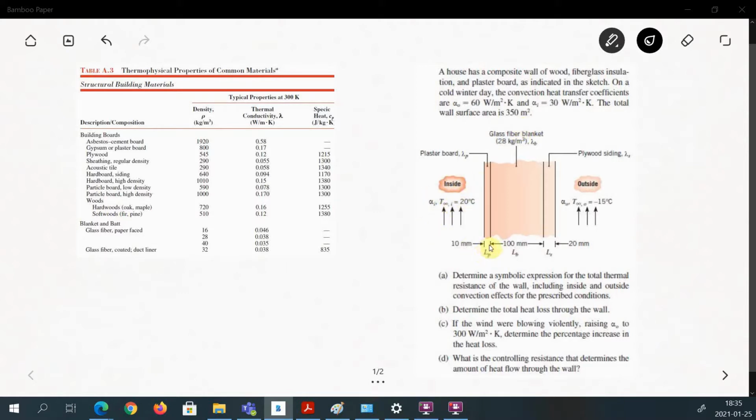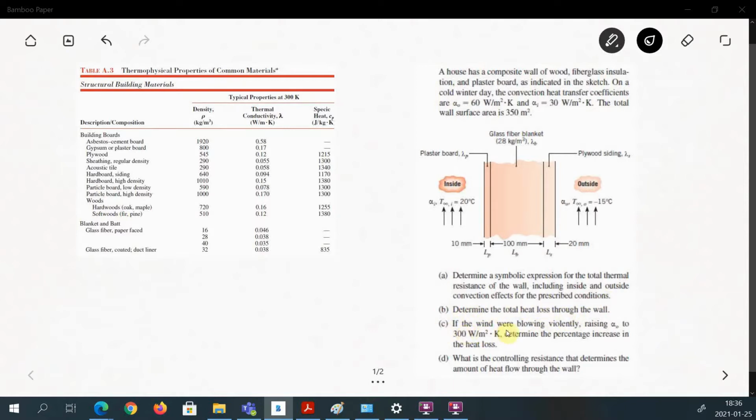We have the different widths of the layers that are in this wall, and we have to determine first a symbolic expression for the total thermal resistance of the wall, including inside and outside convection effects for these conditions. Second, determine the total heat loss through the wall.